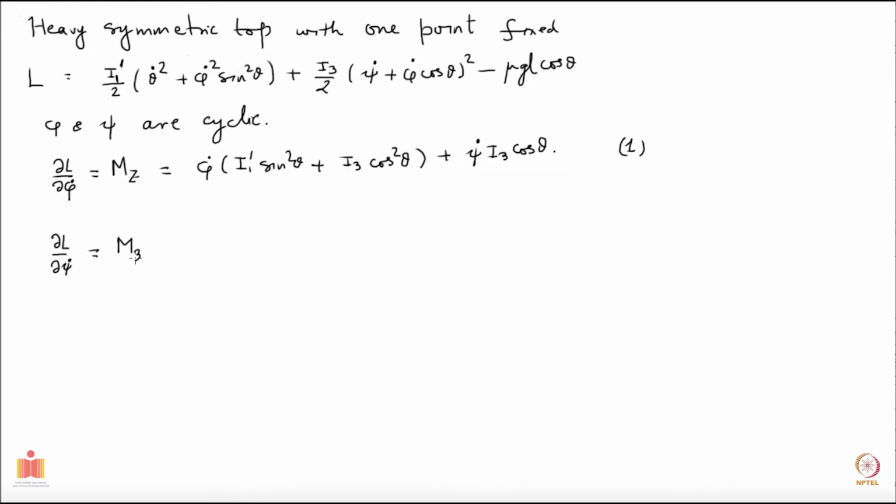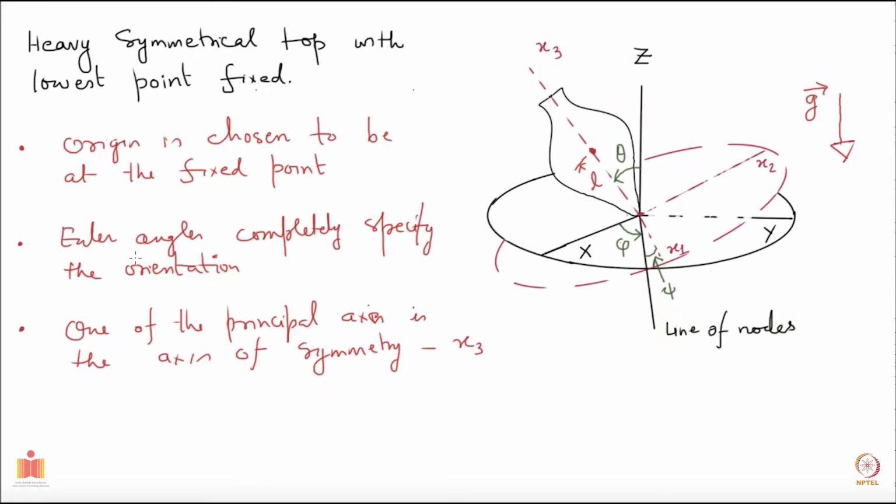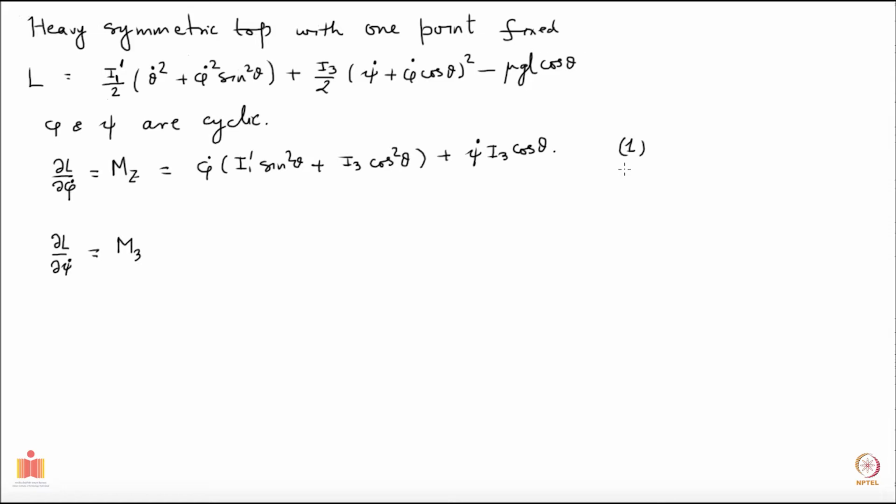So we remember we are denoting by 1, 2, and 3 these coordinates x1, x2, and x3, and by capital X, Y, and Z the fixed coordinates, and that's why I'm putting a 3. Here I have used the fact that the conjugate momentum corresponding to this rotation is angular momentum. Okay, so that's your M3.